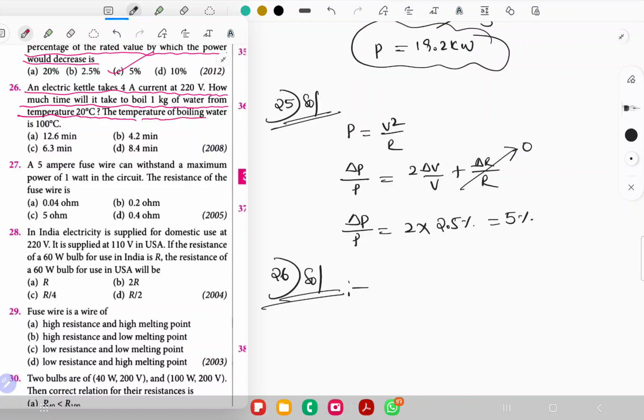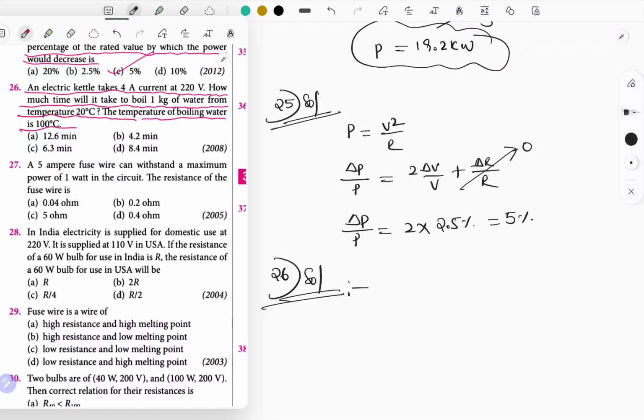The temperature of the boiling water is 100 degrees Celsius. So here I need to give energy to change the temperature of the water. In thermal properties of matter, we have a formula: amount of heat required to change the temperature of the substance, that is Q is equal to ms into delta T. Let me use that formula.